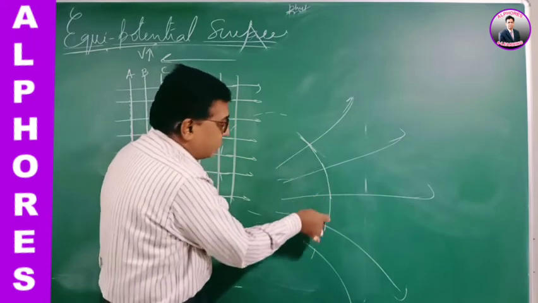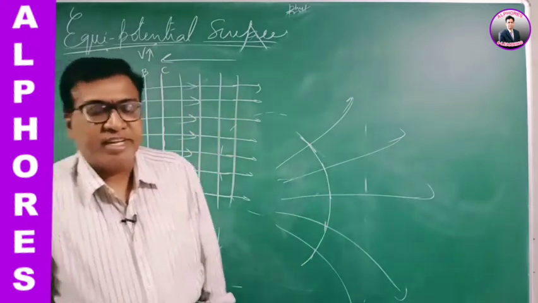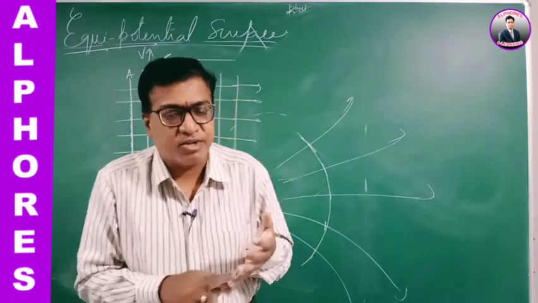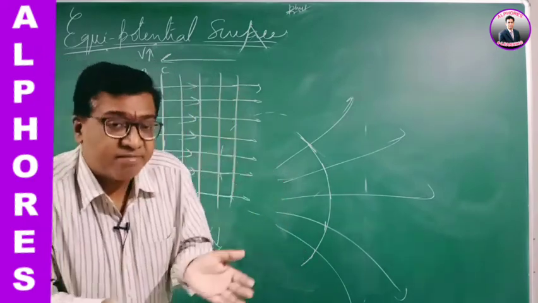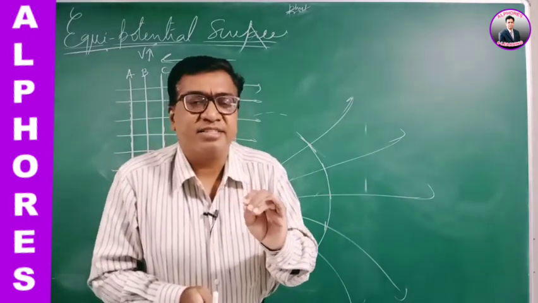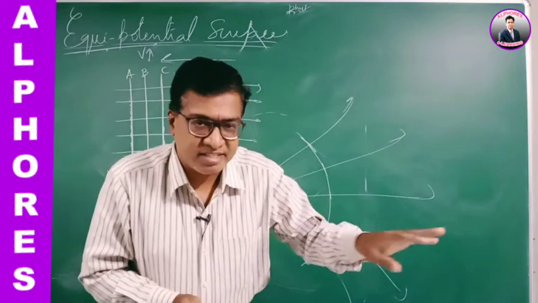Then it is a curved surface. So the equipotential surface is an imaginary surface, a curved surface or a plane, or it can be the surface of a solid body, a metal conductor. Then at all the points the potential is constant.